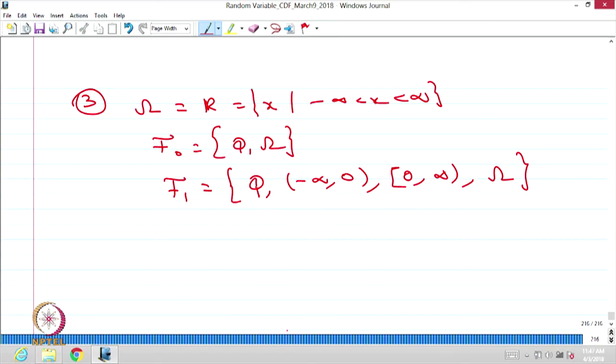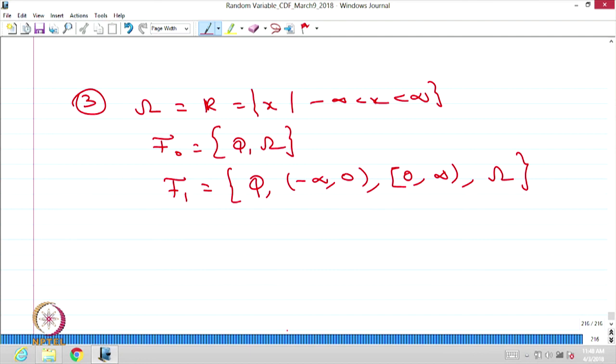The complement of the empty set is the whole set, the complement of minus infinity to 0 is 0 to infinity in the closed form, and the complement of 0 to infinity is minus infinity to 0. The complement of the whole set is the empty set. And if you take the union of any two elements, or any three elements, or all four elements, that also belongs to F1.